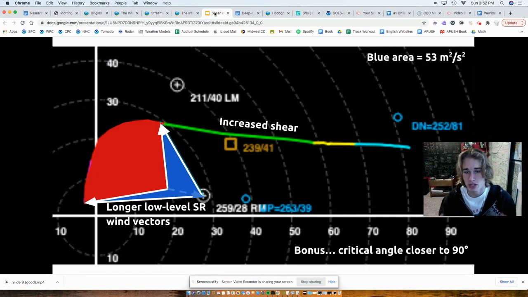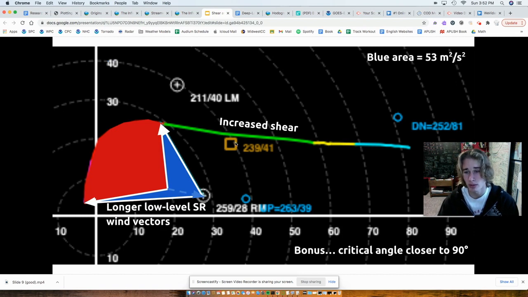0 to 6 kilometer shear is affecting the low levels by dragging that storm motion away from the low level winds. And it's not only dragging the right moving storm motion away from the mid level winds.